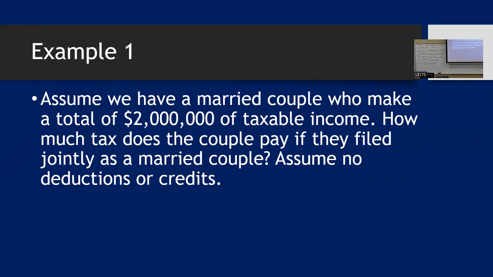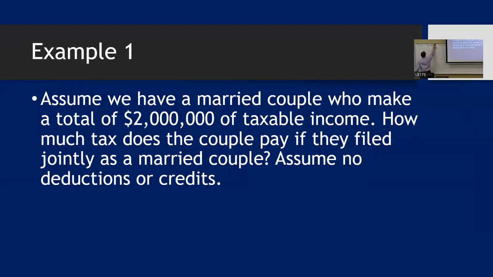Like the married jointly, almost all the numbers were exactly doubled. The categories were almost exactly doubled, except for the last one. Well, if you find yourself in that last category, weird things could happen.